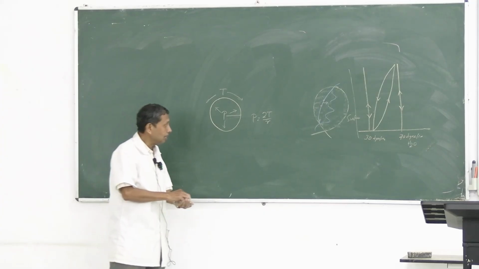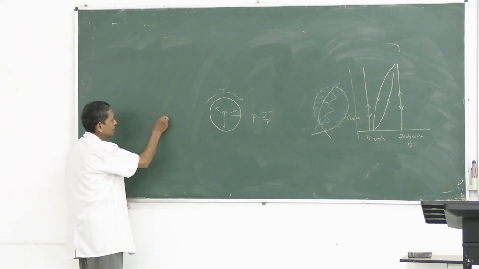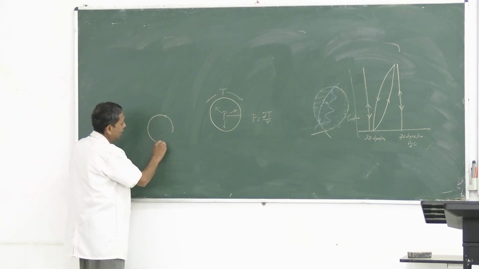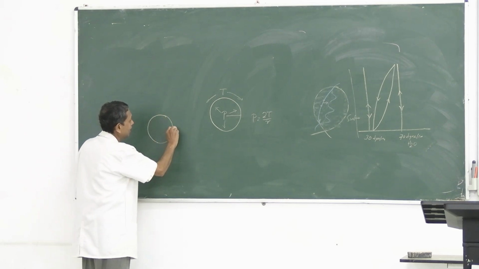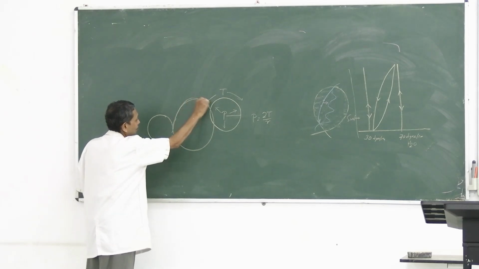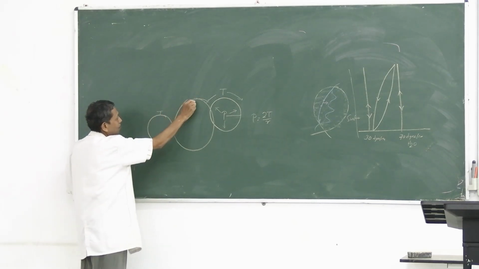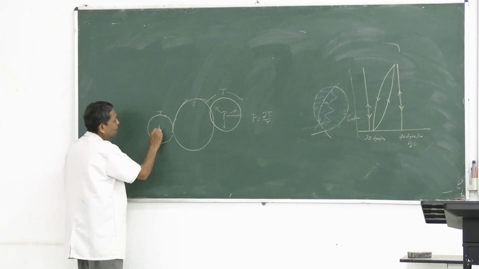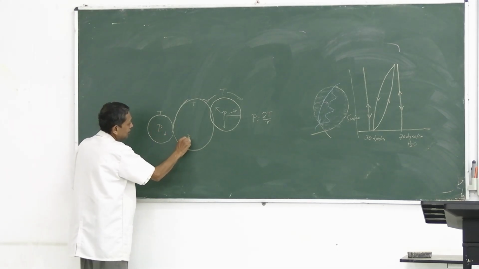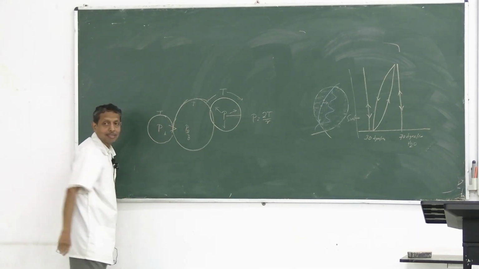And in case of normal soap bubbles, one is small and another is large, and they are in communication, and T remains same. So P in this bubble is greater than PB.